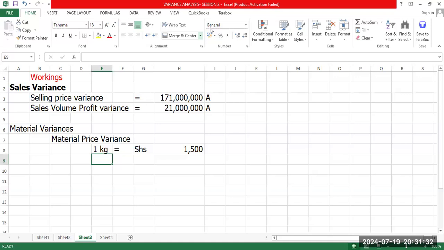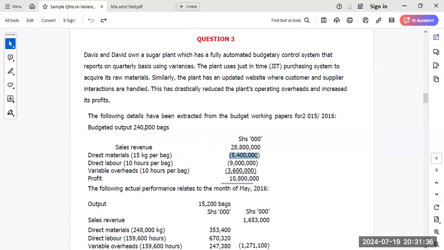You see that this is the overall amount of money, and it is overall based on the output. Output is 240,000.